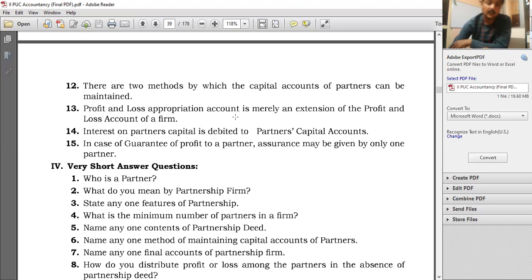Yes, that is fixed and fluctuating. It is true. Then interest on partners' capital is debited to partners' capital account. No, it is credited to partners' capital account. Then in case of guarantee of profit to a partner, assurance may be given by only one partner. Yes, this is possible, one or more.